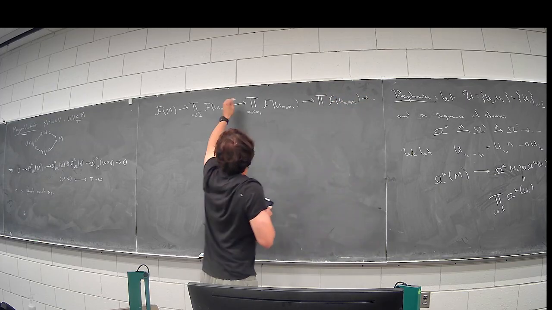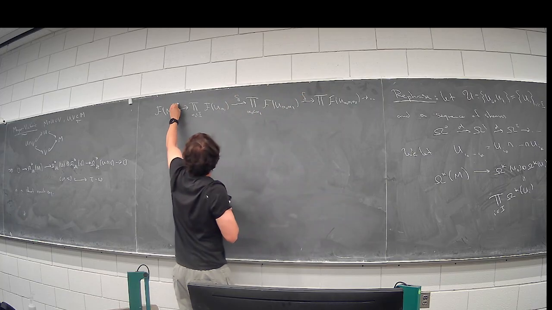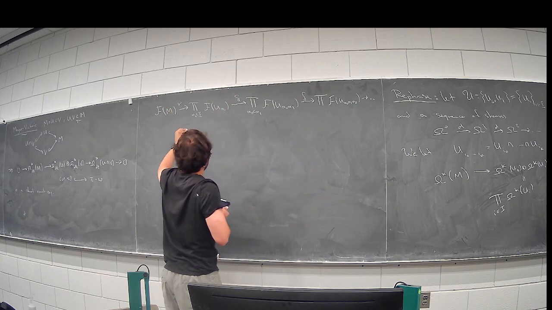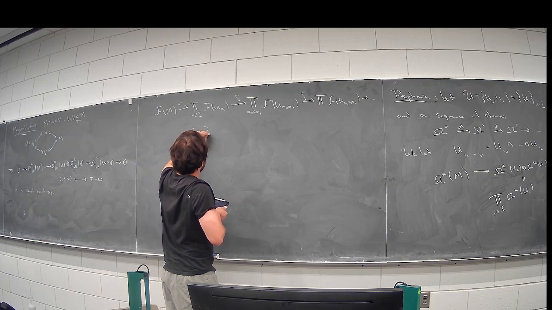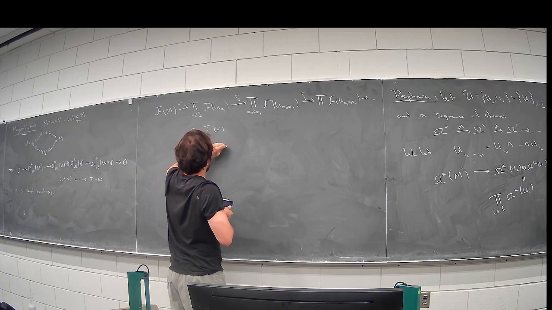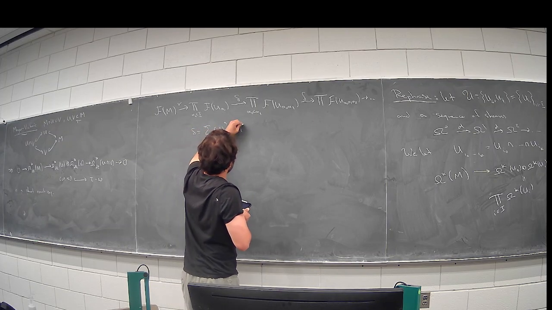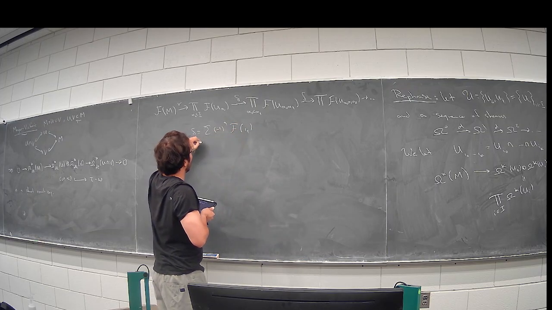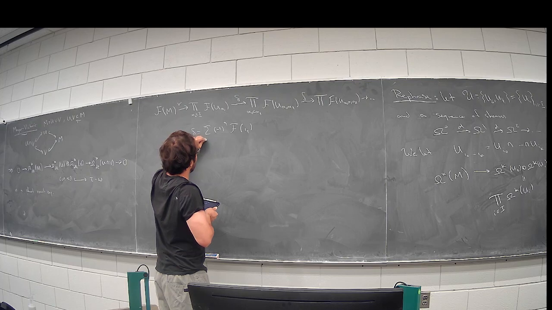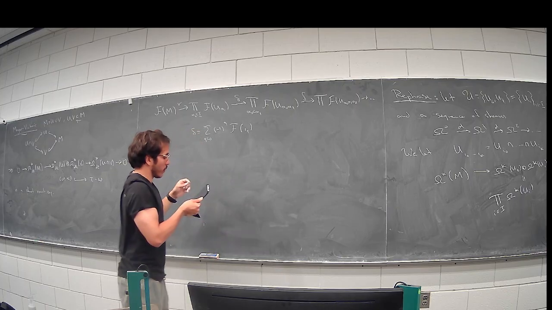Where now my new maps are going to be, I'm going to call them delta. This one I'm going to call R. But where delta is the difference with sign, degree Q, of F of I_Q, from 0 up until whatever degree I'm going for.